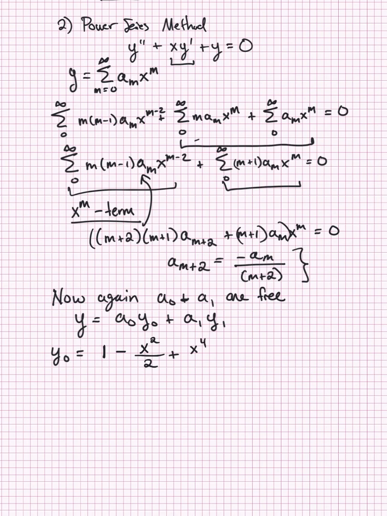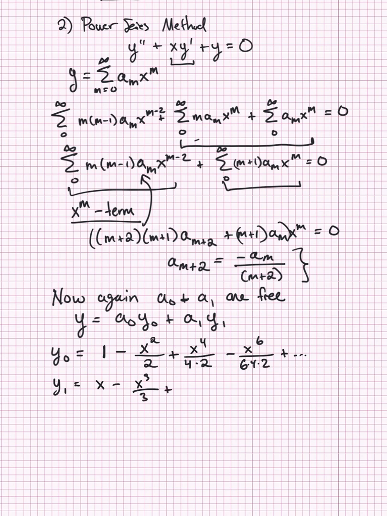Then we get x to the 4th over 4 times 2, minus x to the 6th over 6 times 4 times 2, and so on. And y1 is equal to x minus x cubed over 3.